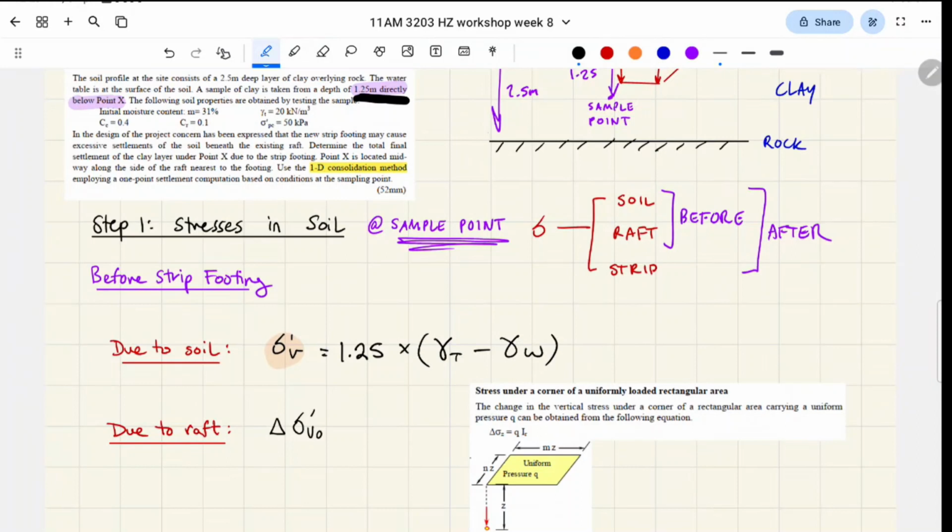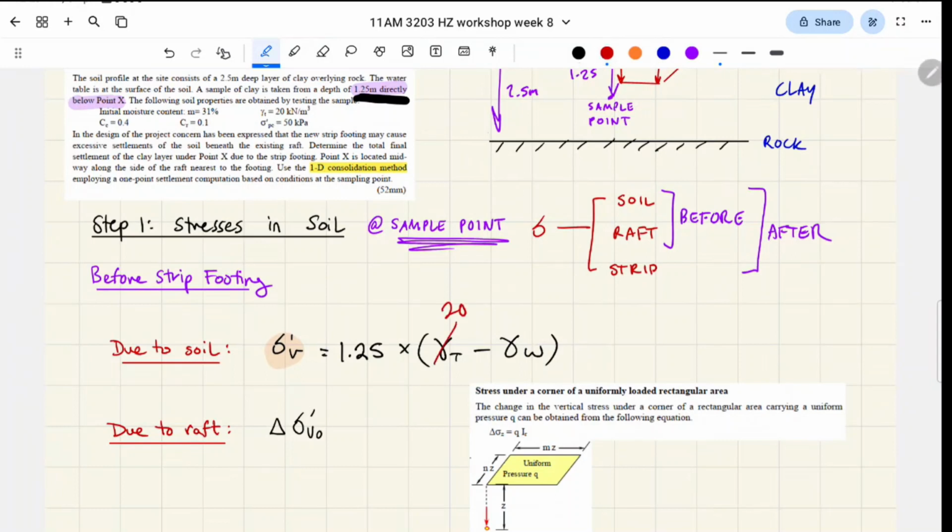We're told that the water table is at the surface of the soil, so the only unit weight we care about is going to be our submerged unit weight. Our submerged unit weight, remember, is just the weight of the soil subtracted by the weight of the water, because of buoyancy of water lifting it up, kind of makes it less heavy.